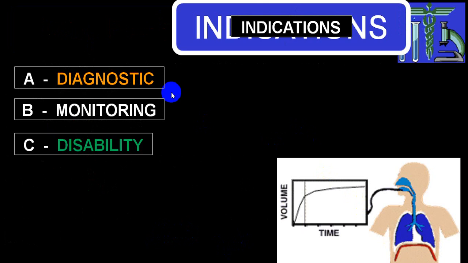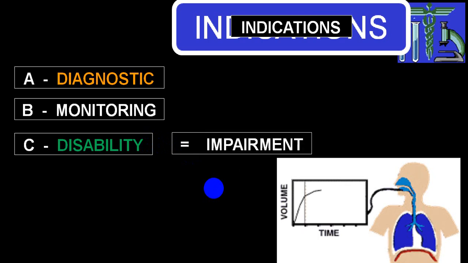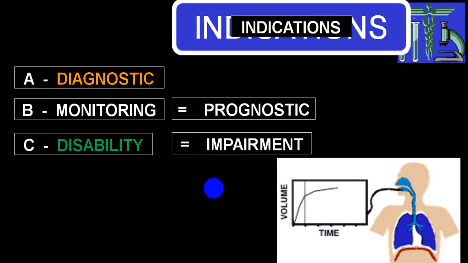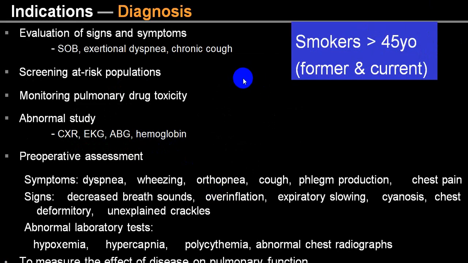You can do a diagnostic study to find out the obstructive, restrictive or a mixed disorder, monitoring of the disease progress or monitoring for the effect of drug or monitoring for the effect of pollution in industry on the person, and you can find out the disability for a claim, etc. Find out the severity of disability also. That is impairment, monitoring is progress, and diagnostic purpose. We already mentioned the majority of the things.